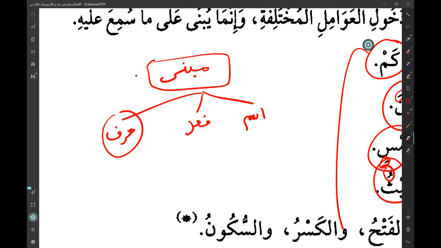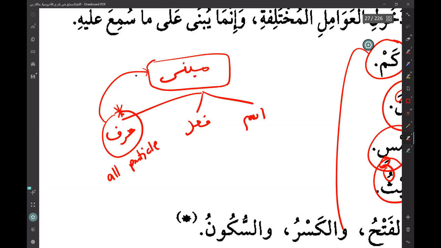The asl of the harf is the mabni. So by and large, the Arab wants all the harf to be mabni. Okay, so number one, every single harf that you have, it is mabni. All particles.